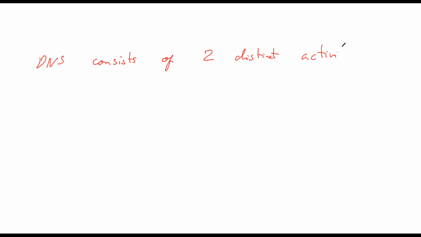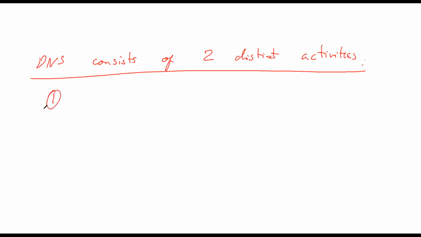Number one is the actual host name to IP address translation process, and in reverse, so either host to IP or IP to host. So number one is the actual translation process.